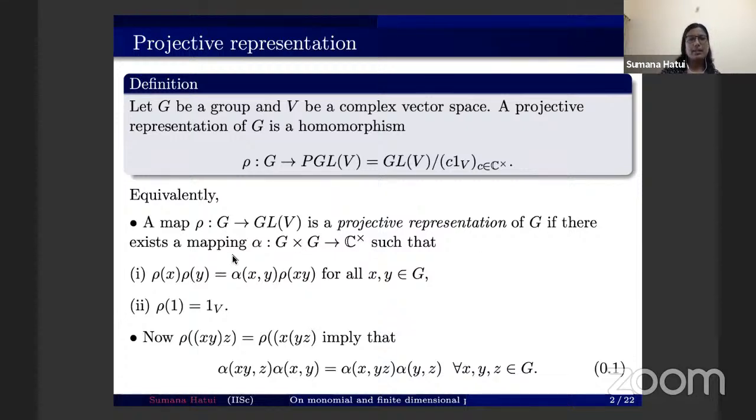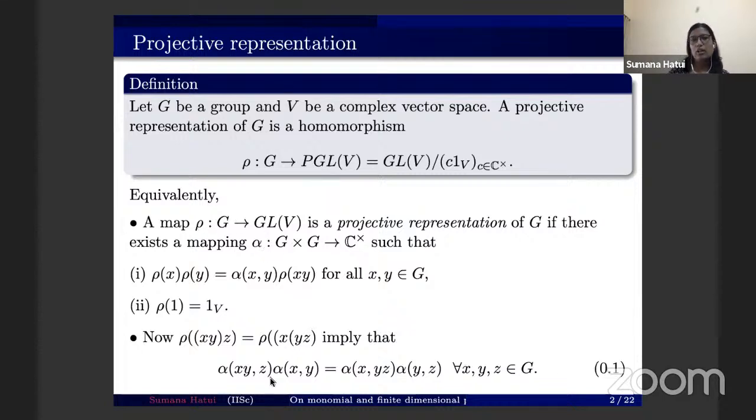Equivalently, a map G to GL(V) is a projective representation if there exists a mapping alpha such that rho(x) rho(y) can be written in this way, and rho(1) is the identity operator. So every rho is associated with an alpha, and if you apply this property to x, y, z and break these things down, you get a relation on alpha called the two-cocycle condition.